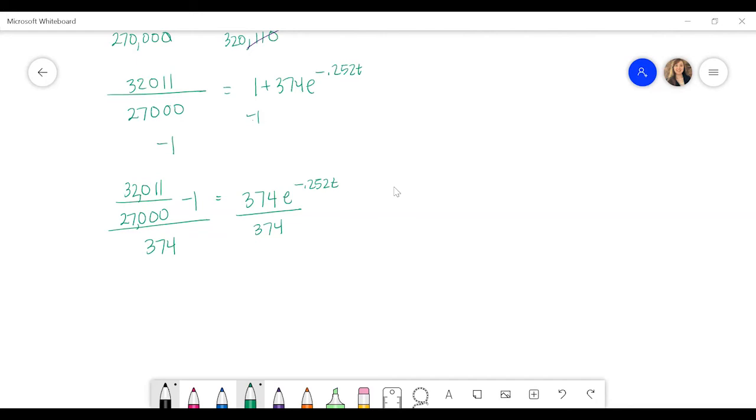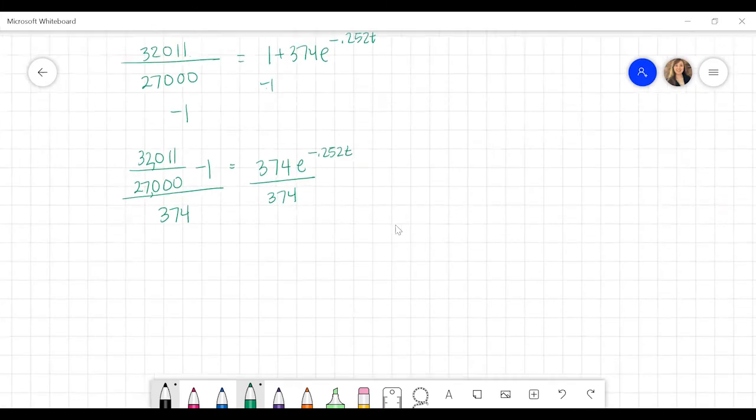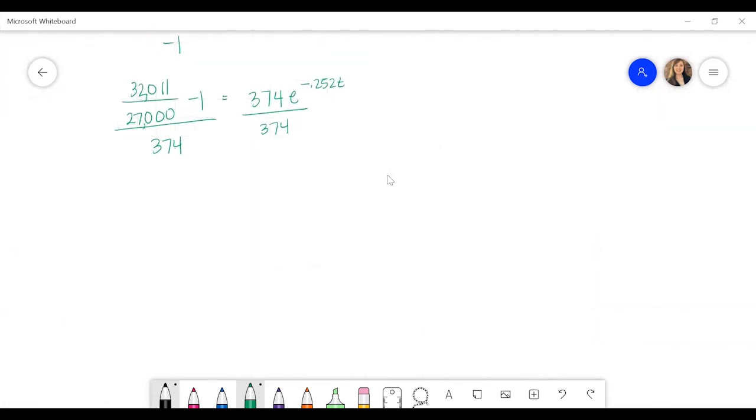It definitely depends on the kind of calculator you have and your comfort levels with it. I am just waiting till the very end to put it all in. So I've got a really ugly complex fraction: 32,011 over 27,000 minus 1, all divided by 374 equal to e to the negative 0.252 t.